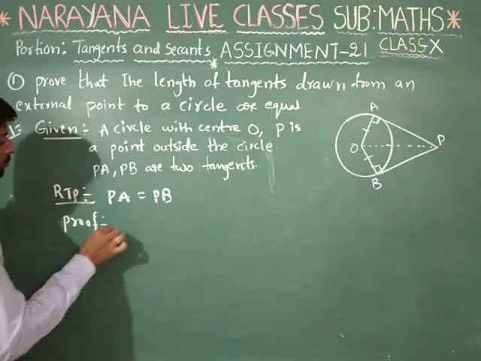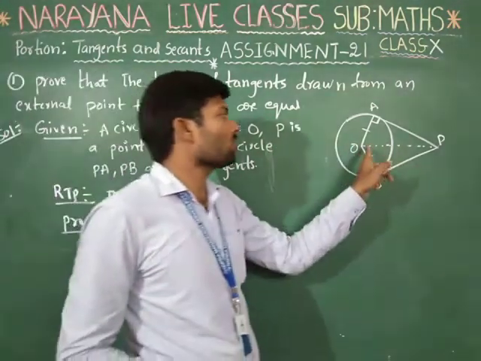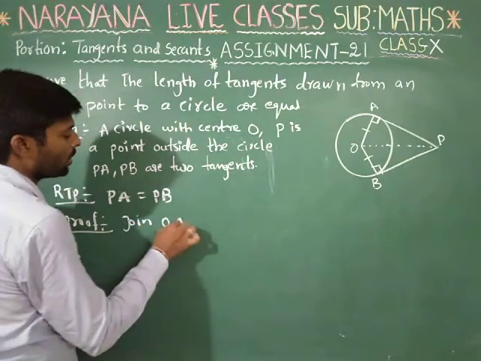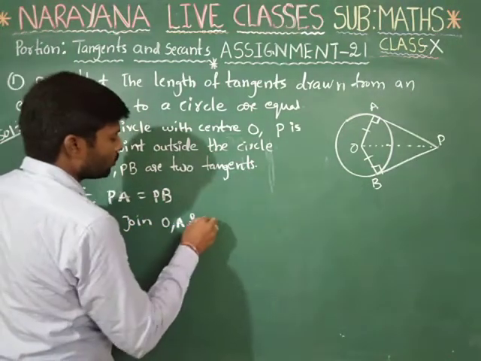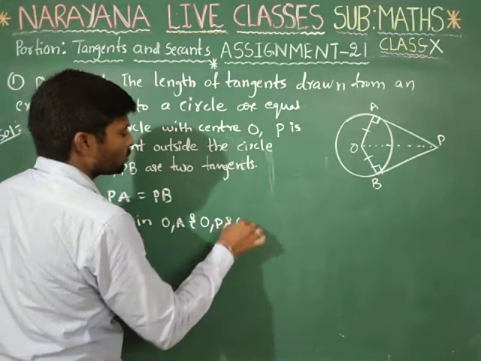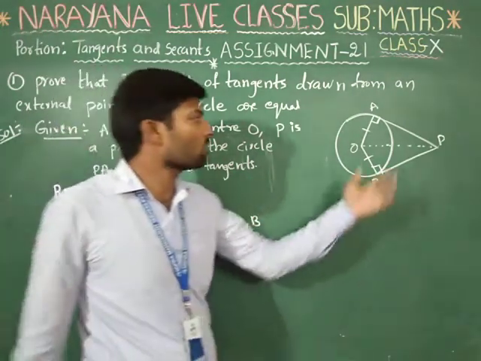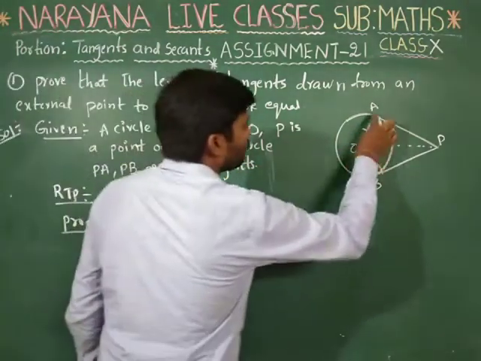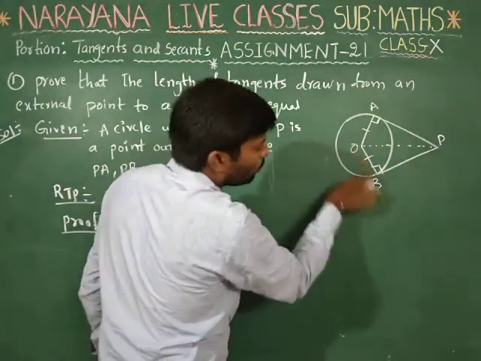The proof is, first of all we have to join all these points. Let's join O comma A, and we can join O comma P as well as O comma B. So what will we get? Triangle OAP and triangle OBP.